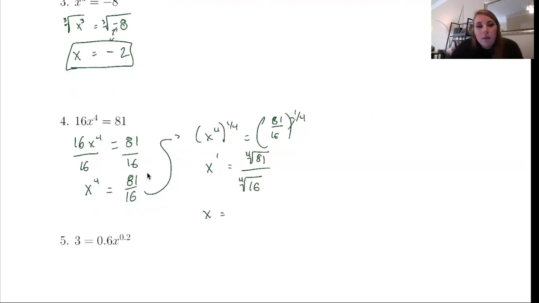So I know what you might be thinking. You're like, oh, wait, that should be plus or minus. Well, aren't those plus or minuses going to cancel out? No. There is a situation where I would have minus the 4th root of 81 and plus the 4th root of 16, or vice versa.